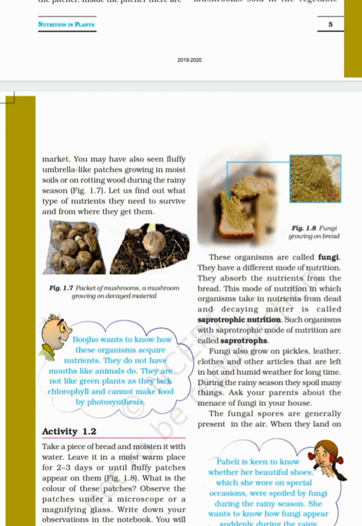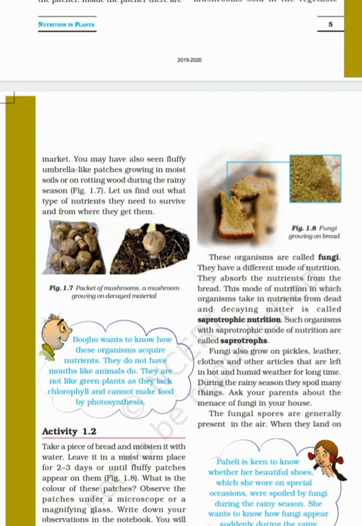Now let's discuss replenishment of soil. What is replenishment in soil? Plants absorb mineral nutrients from the soil in order to make their own food and for other important processes.